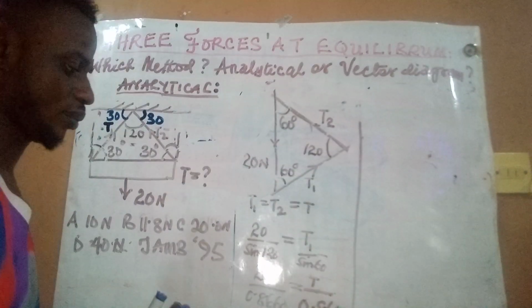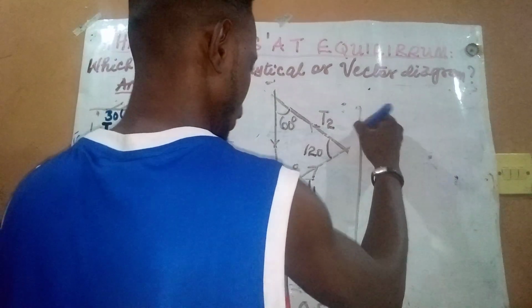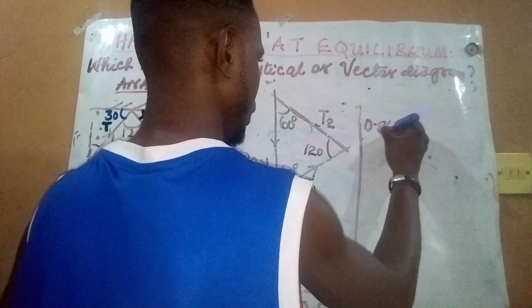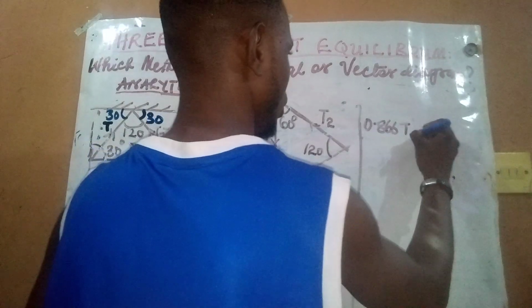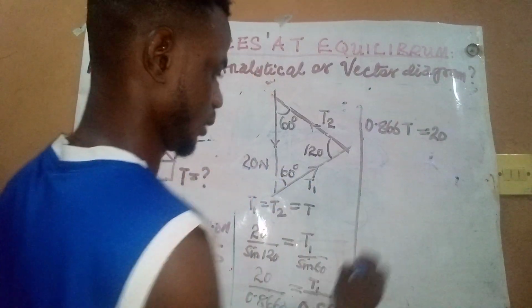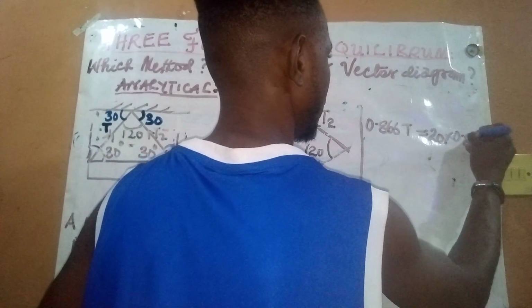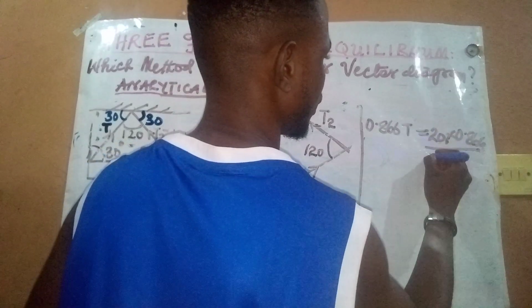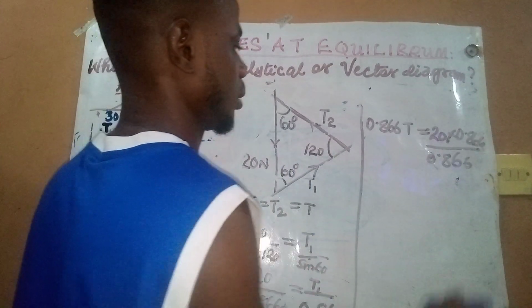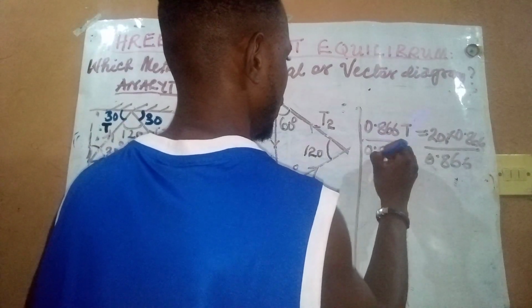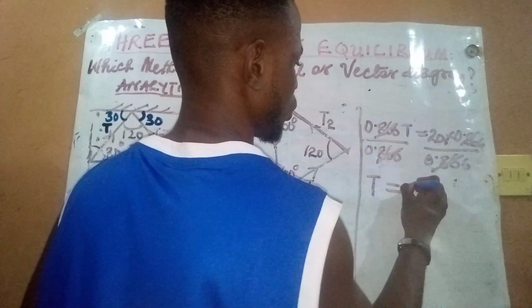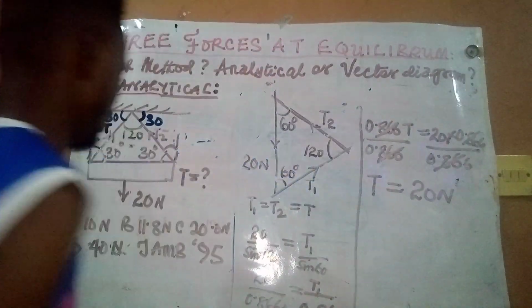So that's 0.866 T equals 20 times 0.866, divided through by 0.866. We have T equals 20 Newton as before.